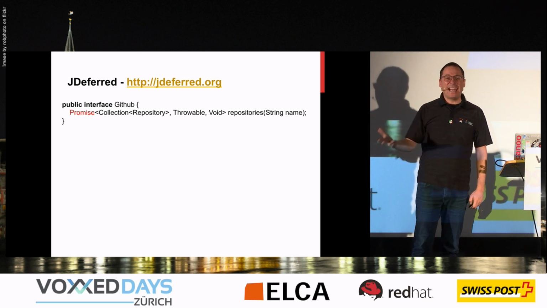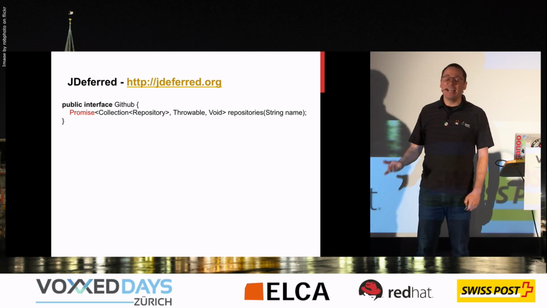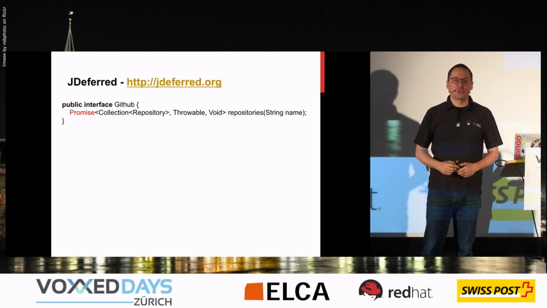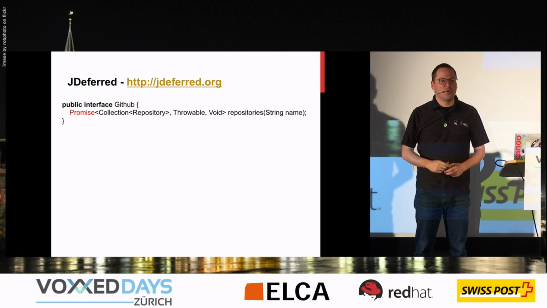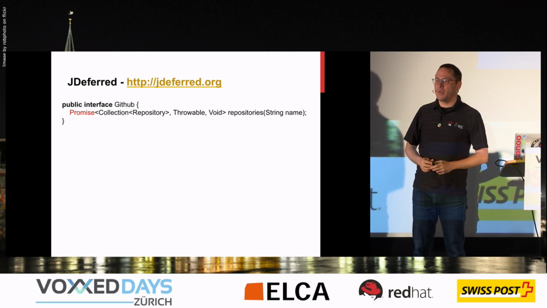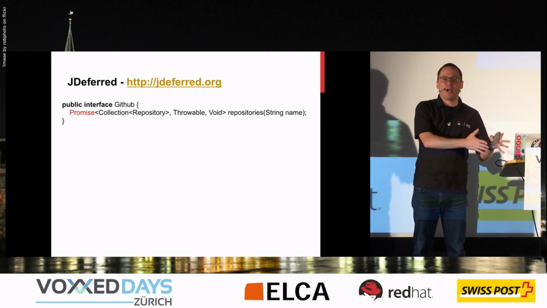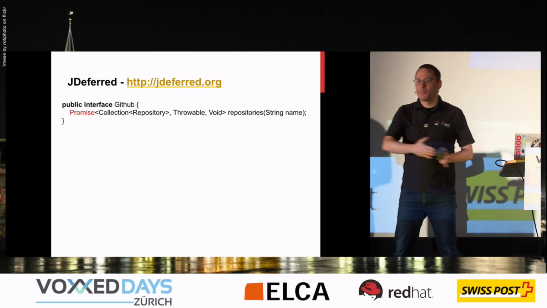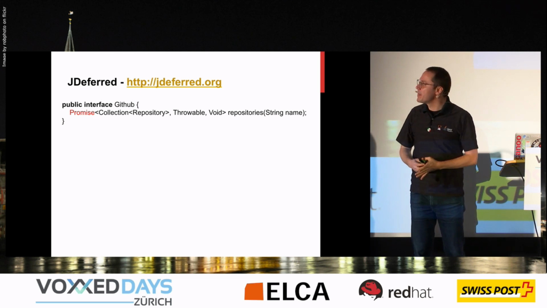JDefer allows you to catch any kind of type, not just throwable, not just exception. And if there happen to be intermediate results while you're doing the computation on the background thread, then the third type is what you're going to publish. In this case, I'm not publishing anything. But there's another version of this API where I publish a repository. So every time that I read something in the background and there's a repository, it will get pushed automatically into the UI, just like we did in Swing Worker in the previous days.